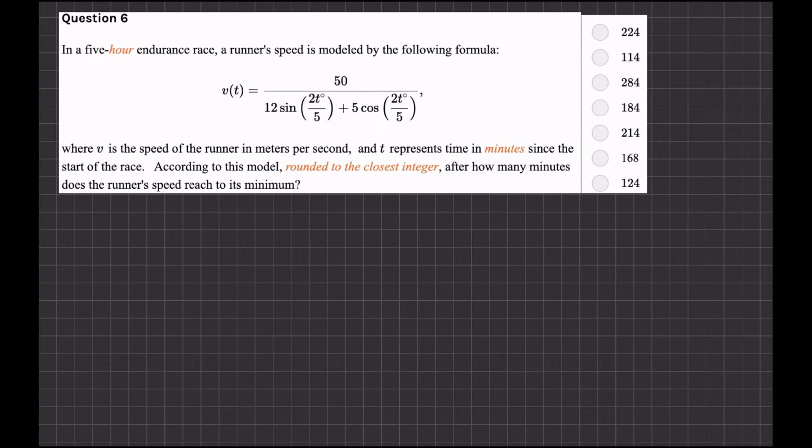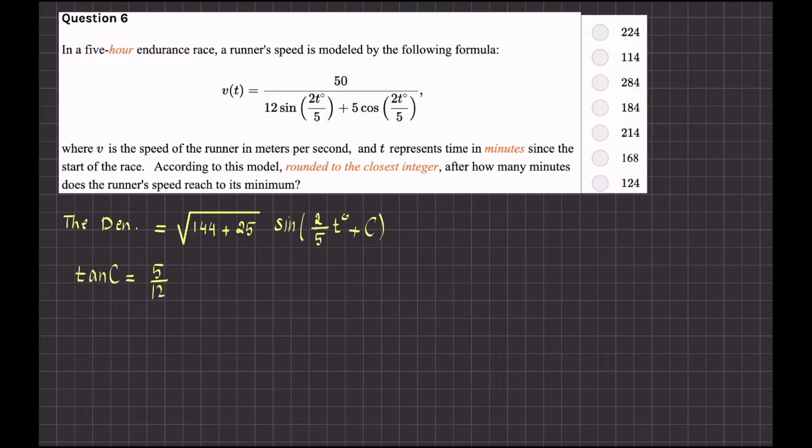The denominator is equal to the square root of a squared, which is 144 in this case, plus b squared, which is 25, and then you have sine of your angle, which is 2/5 t degrees, plus a constant c. But what is c? Tangent of c is equal to b over a, which in this case is 5/12.